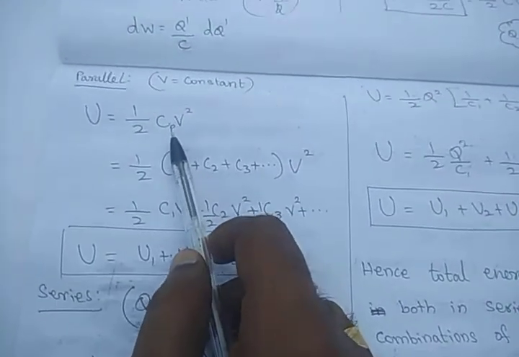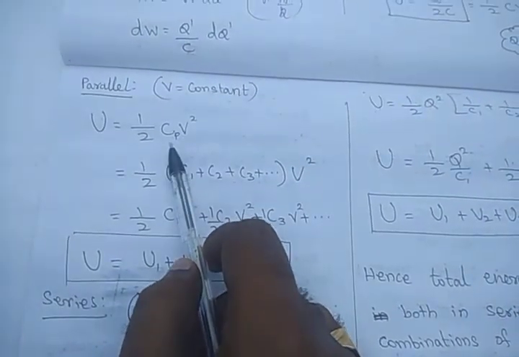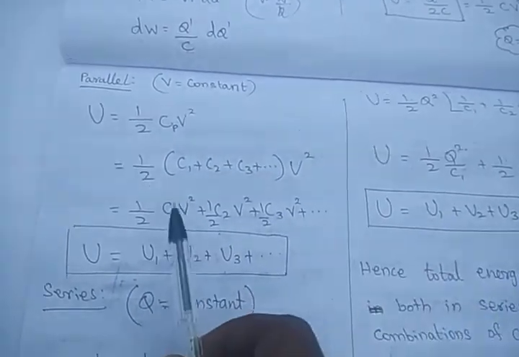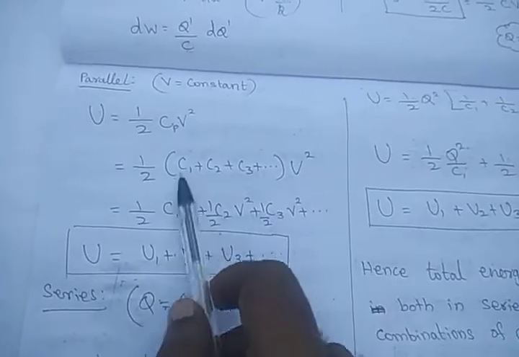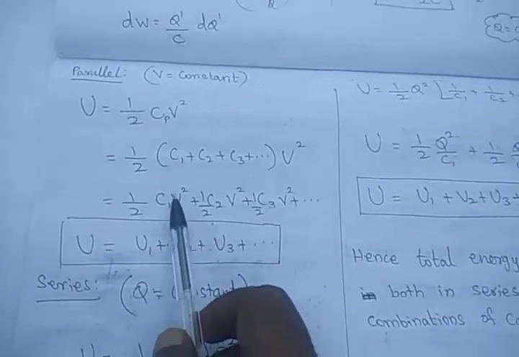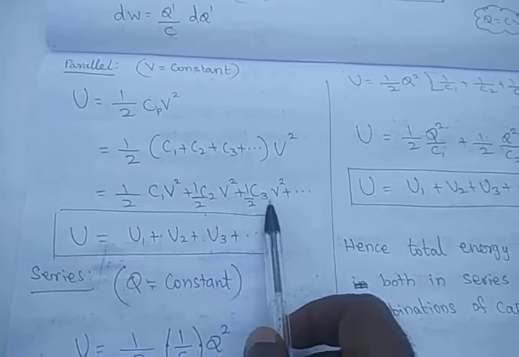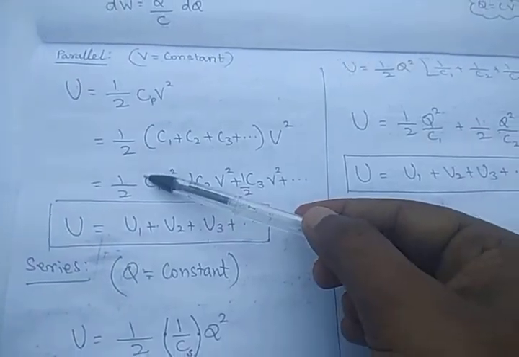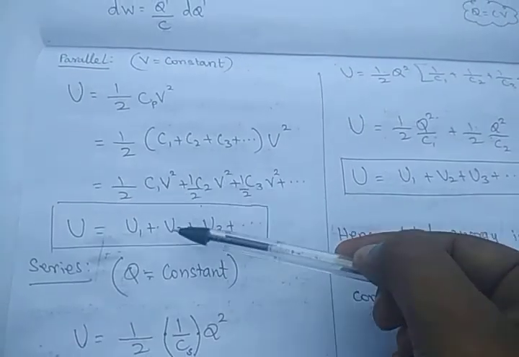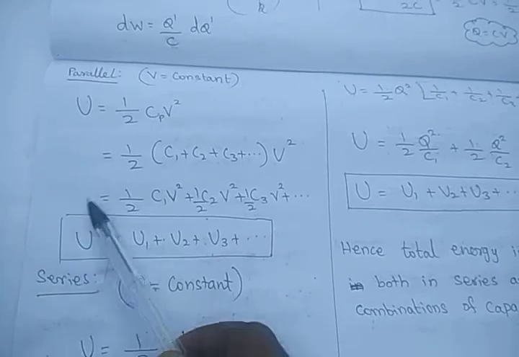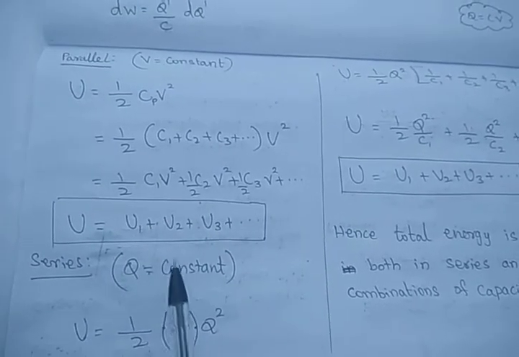What is the parallel combination of 3 capacitors or 5 capacitors? It is C1 plus C2 plus C3 etc. So 1 by 2 C1 V squared plus 1 by 2 C2 V squared plus 1 by 2 C3 V squared etc. So it is the energy stored in the first capacitor plus the energy stored in the second capacitor plus the energy stored in the third capacitor. So the total energy stored is equal to the addition of the individual capacitors' energies.